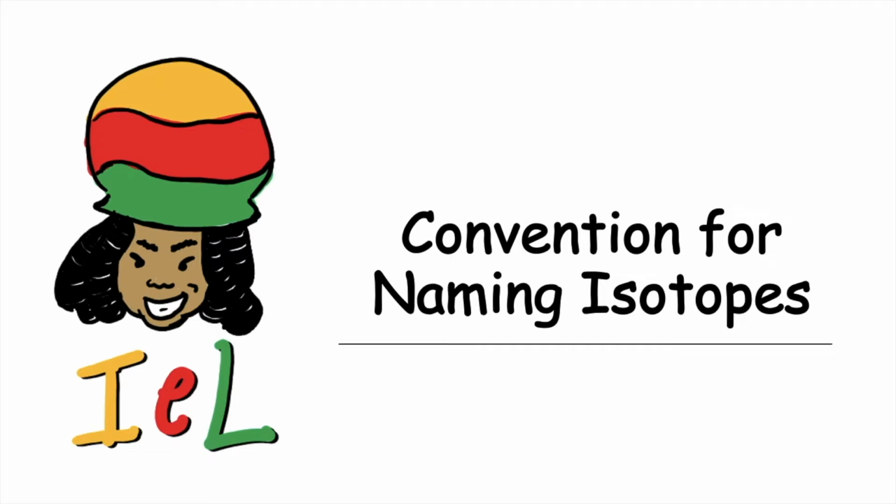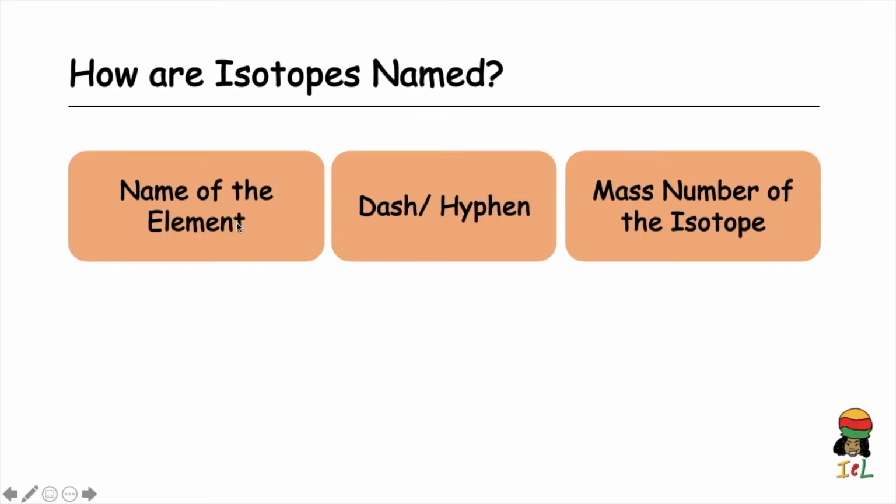Let us take a quick look at the convention or format used for naming isotopes. The format used to name isotopes is rather simple. It's not rocket science at all. First, we have the name of the element, followed by a dash or a hyphen, then the mass number of the specific isotope.